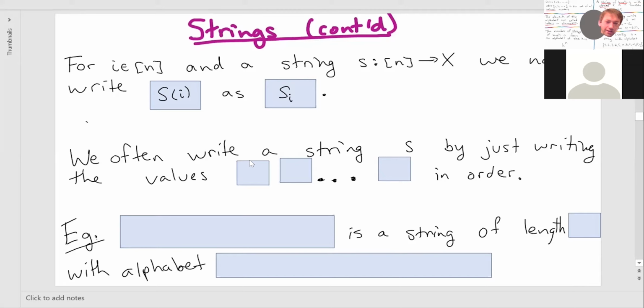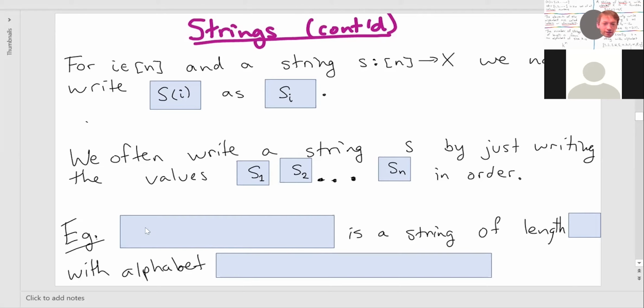It's a lot easier to just concatenate the symbols, writing s1 first, s2 second, all the way down to sn in order. This is how you think of a word, right? You just take letters and write them one after the other. But it's also useful to think of things formally, mathematically as well.